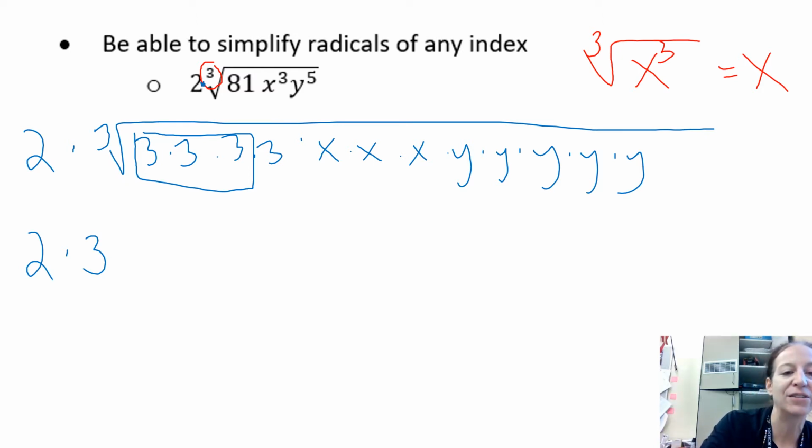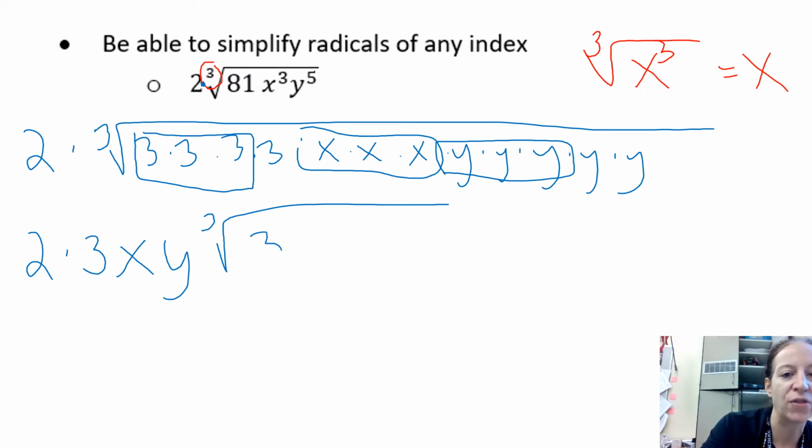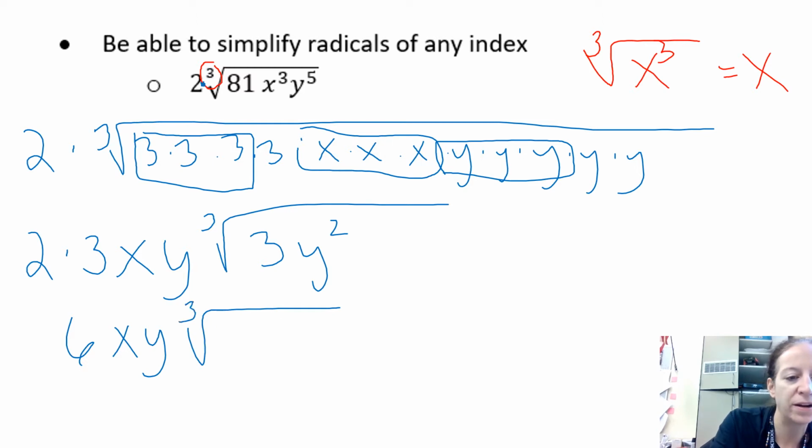I have a group of 3 x's, and so that comes outside, and here I have a group of 3 y's, and so that comes outside. Everything that is left, we have a 3 and we have 2 y's. Then outside the radical, we do have a 2 times 3 there. So we can make that a 6, and there is our answer, and that gives you full credit.